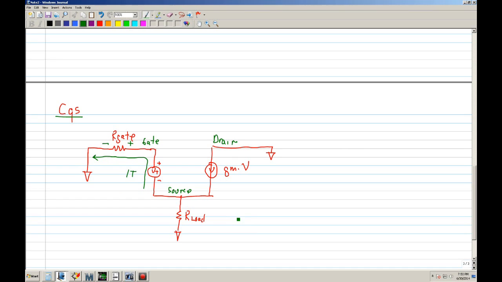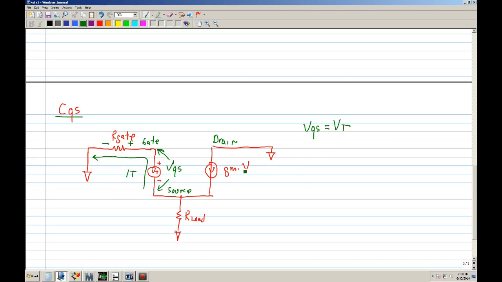Now if you notice, this is supposed to be VGS from here to here. So we can say by inspection VGS is actually VT.